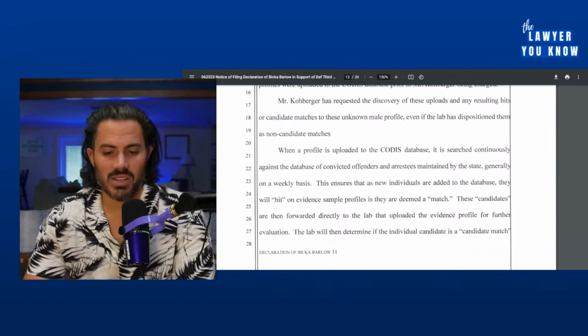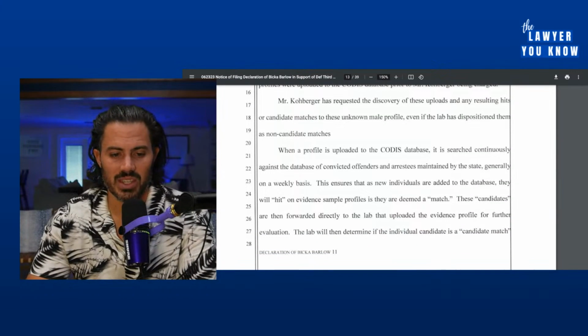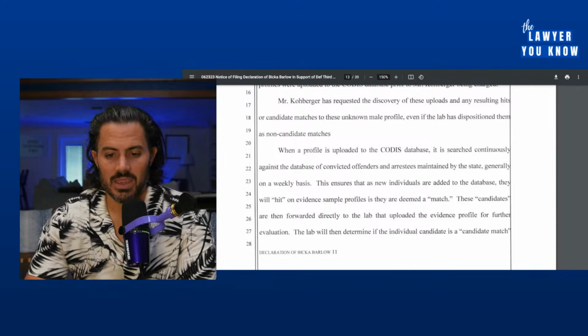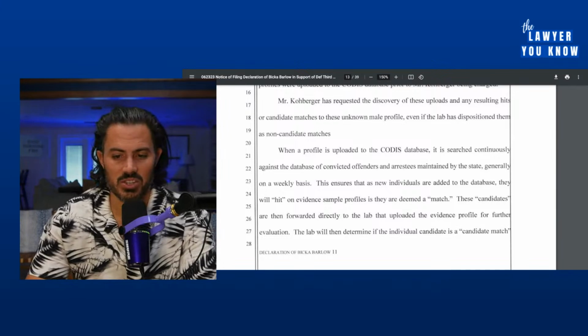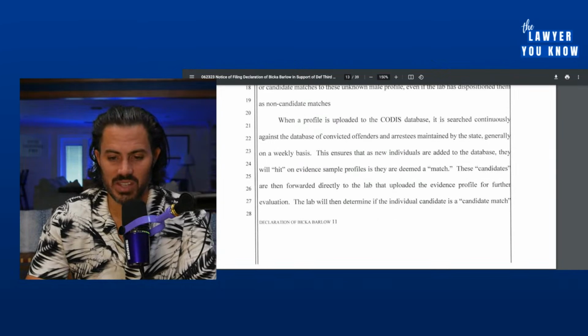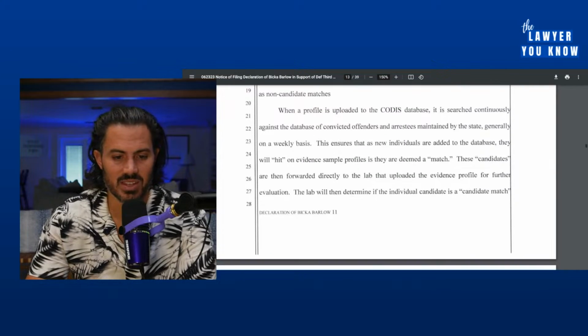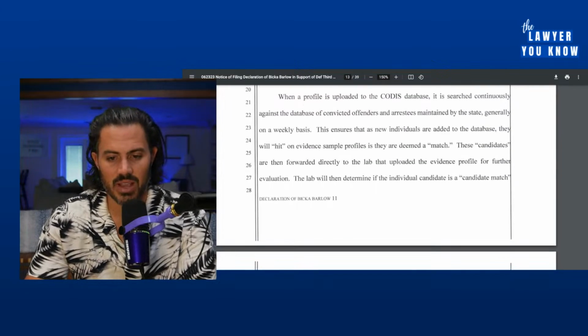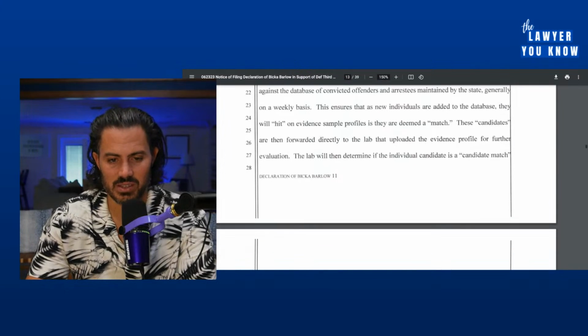Mr. Kohberger requested discovery of these uploads and any resulting hits or candidate matches to these unknown male profiles, even if the lab has dispositioned them as non-candidate matches. When a profile is uploaded to the CODIS database, it is searched continuously against the database of convicted offenders and arrestees maintained by the state, generally on a weekly basis.